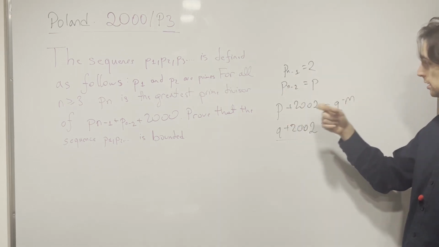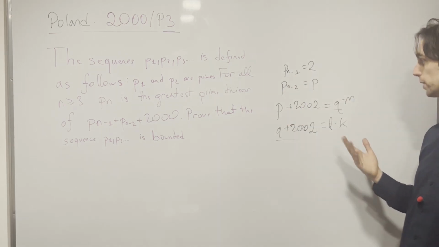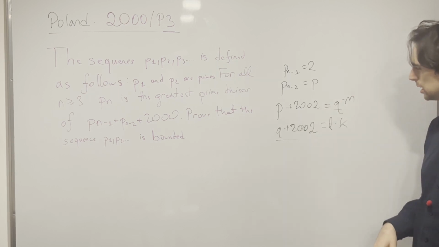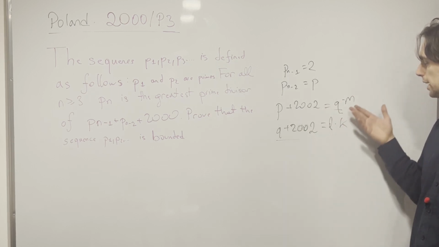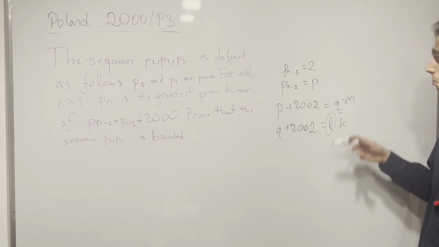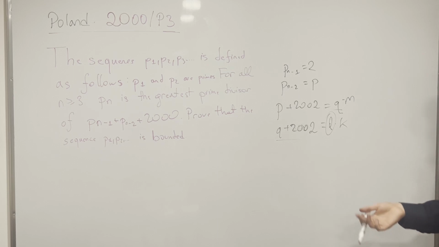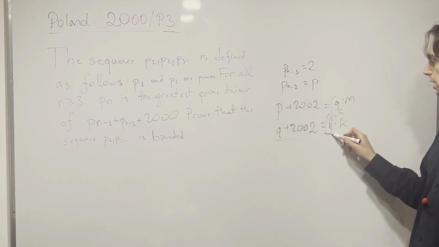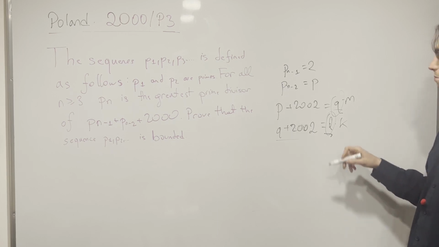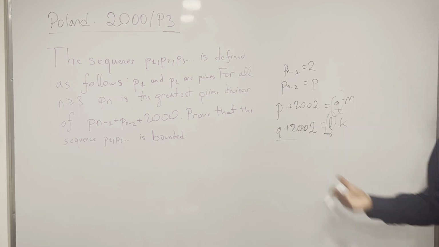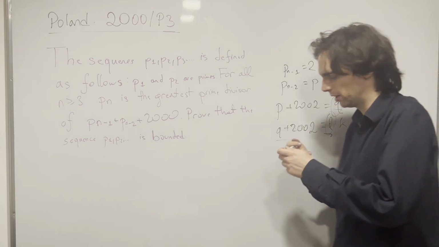Like what is P plus 2002? Okay, Q can be equal to this, but among say Q and this next one L, maybe something else holds true. For example, maybe L is smaller than P, or bigger than Q, or smaller than Q. Maybe we can figure out something there.